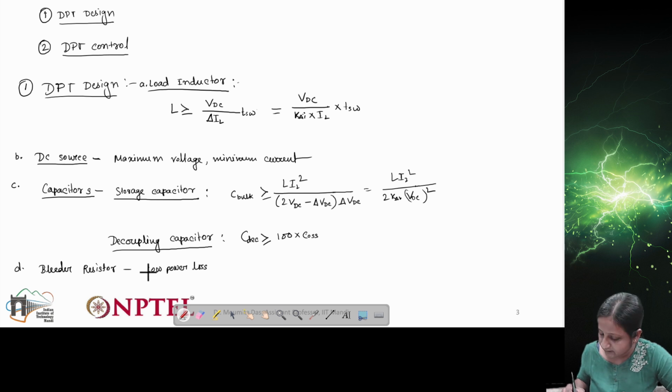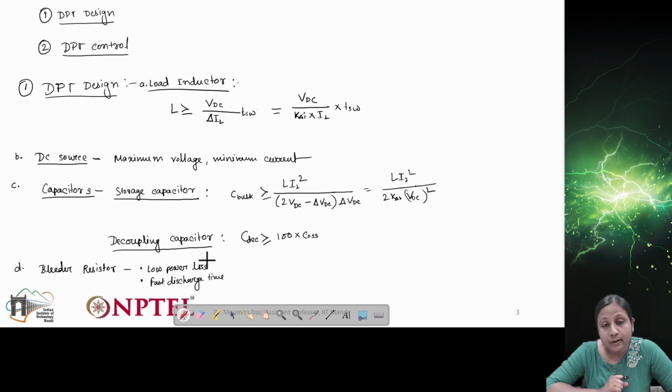The second condition is that when we use this resistor, it requires some time to completely discharge the capacitor, so that time should be short, meaning fast discharge time. So we have to consider low power loss and fast discharge time, and based on these two conditions we select the required value of the bleeder resistor.